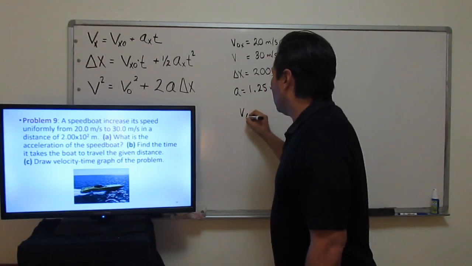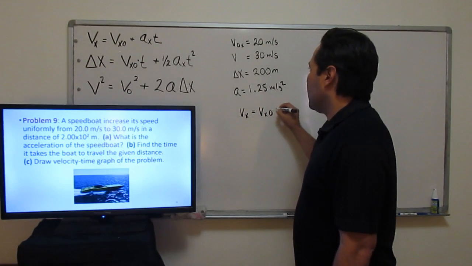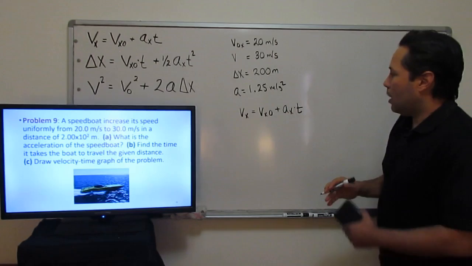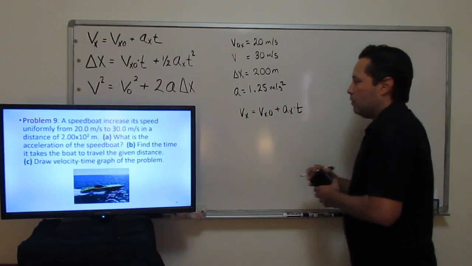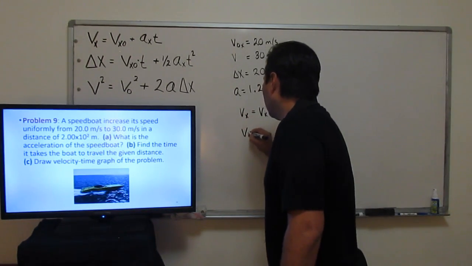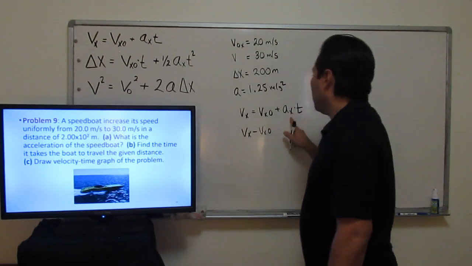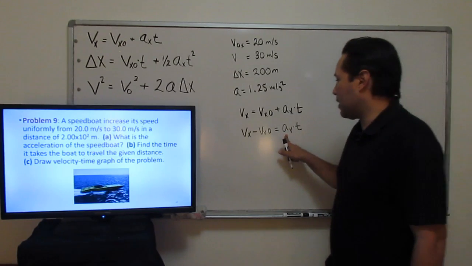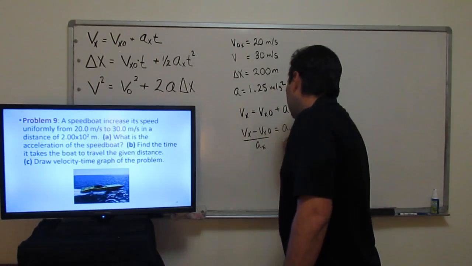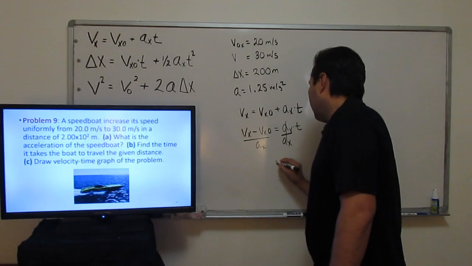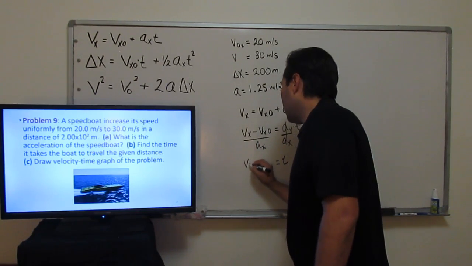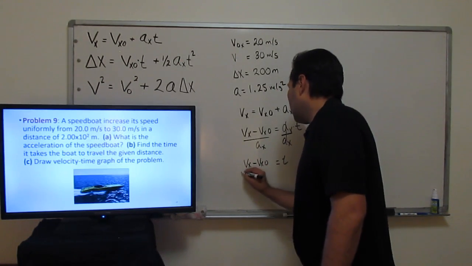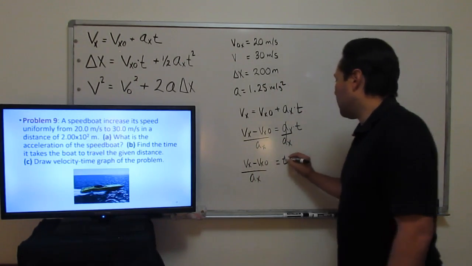So it looks like this on the x-axis. Move the v at time 0 over, and that's going to give us this, and I want the time, so I'm going to divide by acceleration on both sides, giving me time is equal to Vx minus Vx0 over Ax, and there we have it.